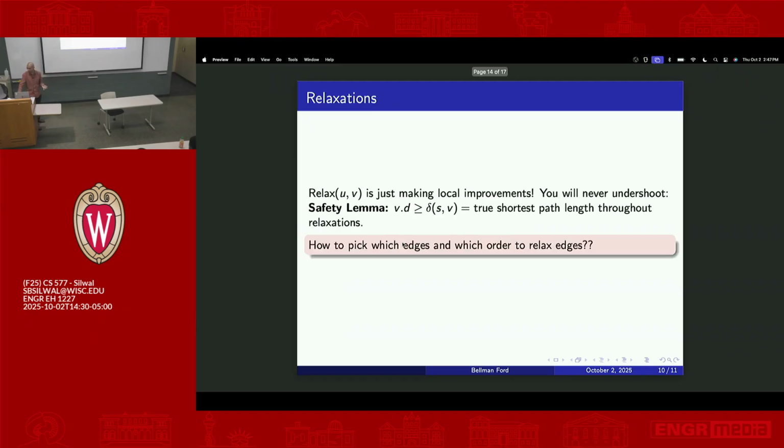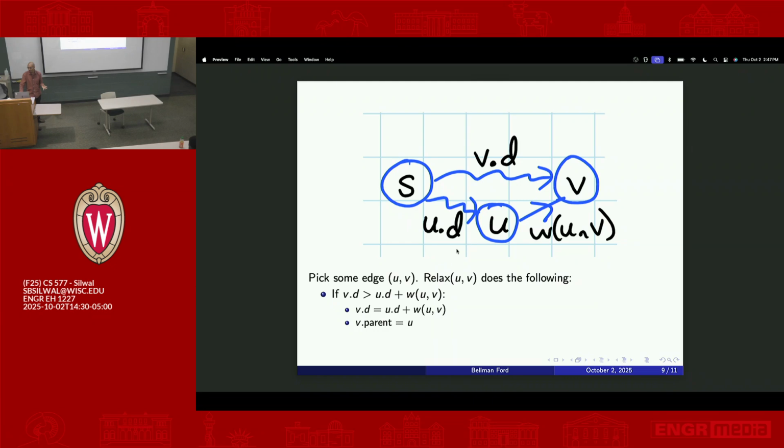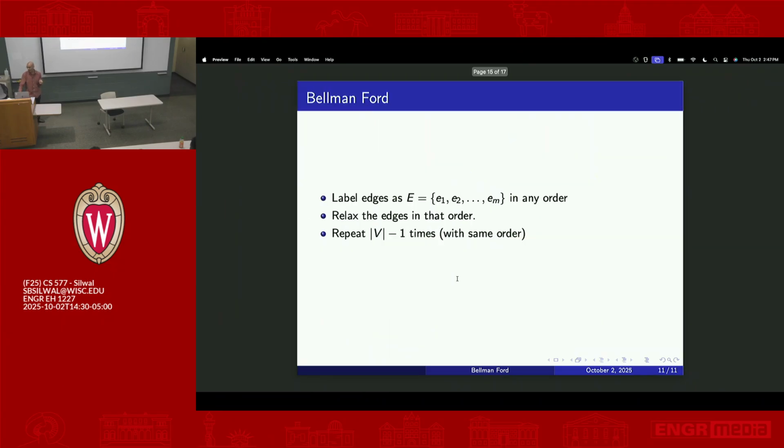All I'm doing is this local update for every edge in some order, and I'm repeating the whole thing n-1 times. Does the algorithm make sense? This is the entire algorithm. Very easy to code, but it's kind of magical in some sense. Any questions? We'll see an example on the board very soon, actually.